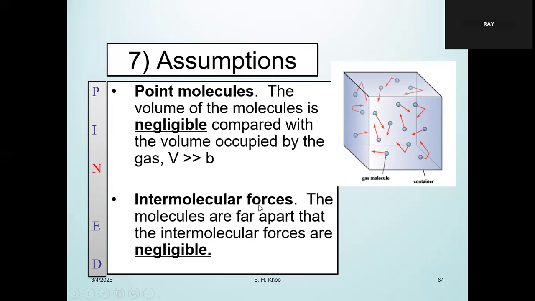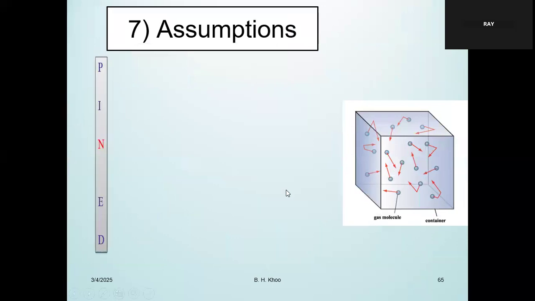The molecular forces are the forces of attraction and repulsion. When it's too close, there will be a force of attraction. Then when it hits the wall, it will rebound off. So these are assumptions that you have to remember.